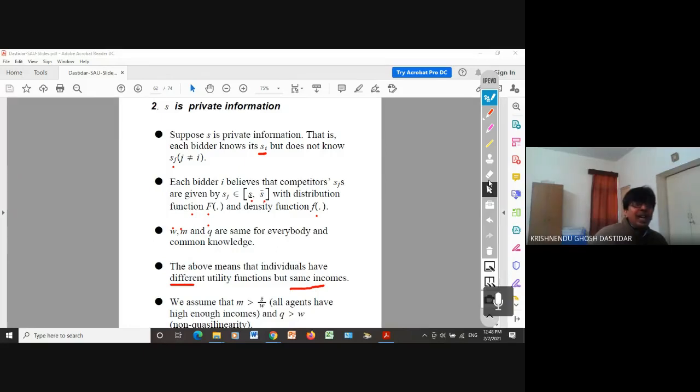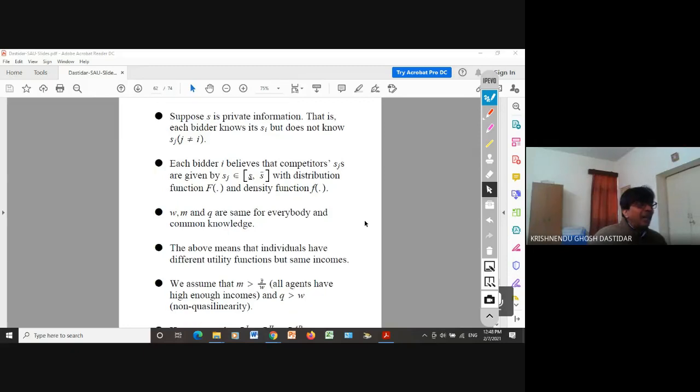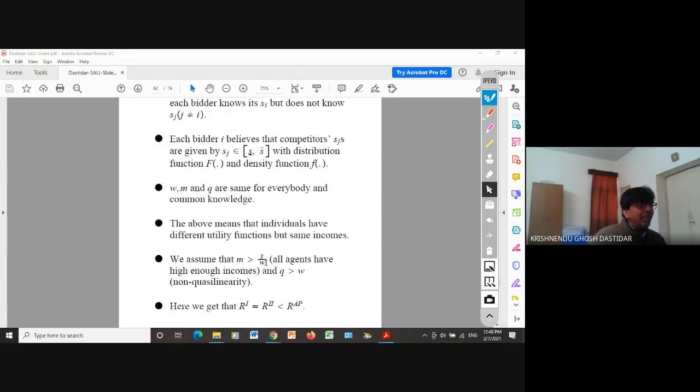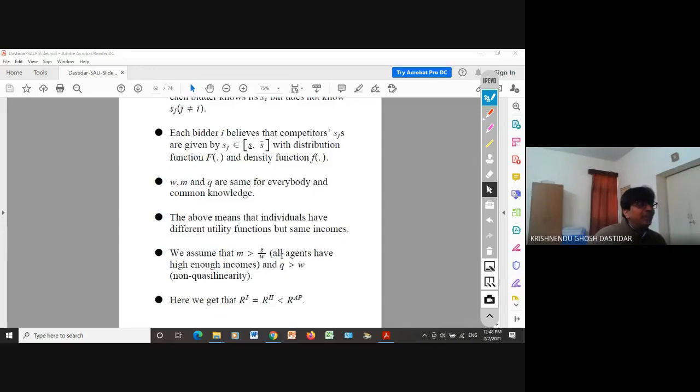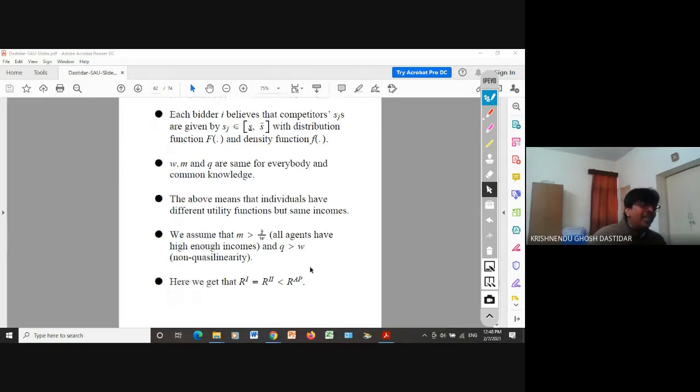Here I have computed this before this talk, and I have assumed that all incomes are over K, S by W, and Q strictly greater than W, to make it as close as possible to our original model. Here I get the same result. There is partial revenue equivalence. First price and second price give you the same expected revenue, but all-pay auctions give you a strictly higher revenue.